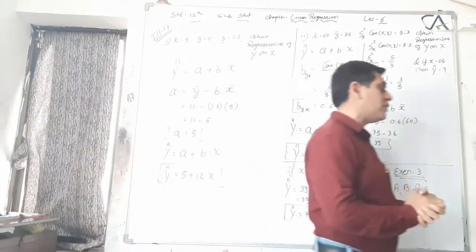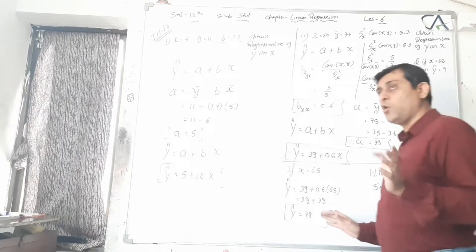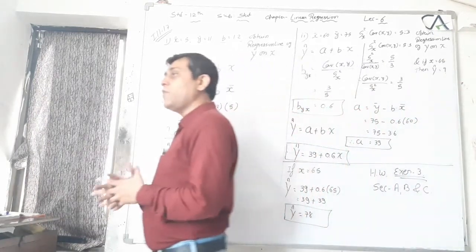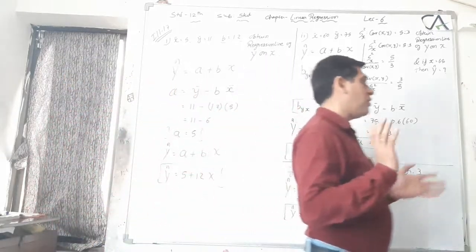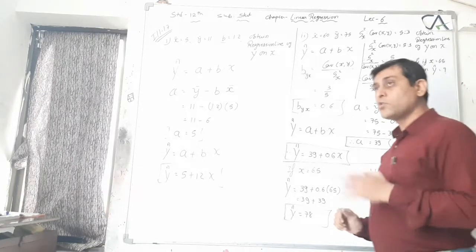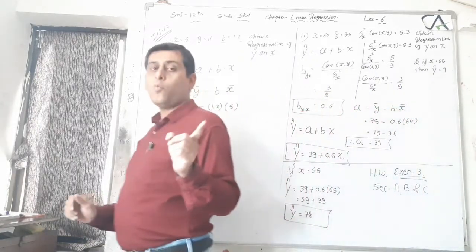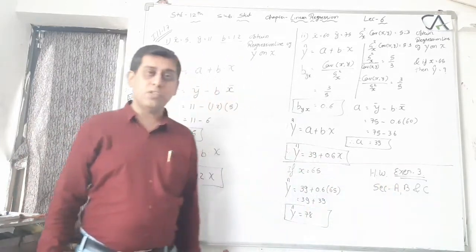In sections A, B, C, you have to write whatever you know or whatever you can write. If there are any difficulties in writing any theories or anything else, then we will discuss in our regular lecture. So you have to complete your homework up to sections A, B, C of exercise 3. Thank you.